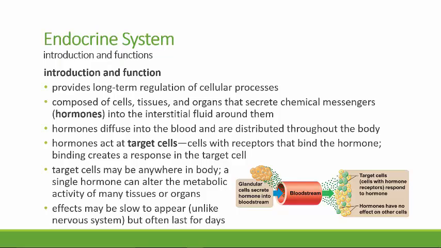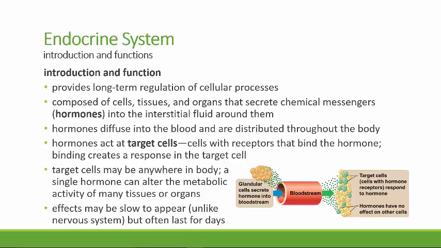They have their activity then at what are termed target cells. These are cells that have receptors that are capable of binding the hormone, and following binding there's a response in that target cell to the hormone message.